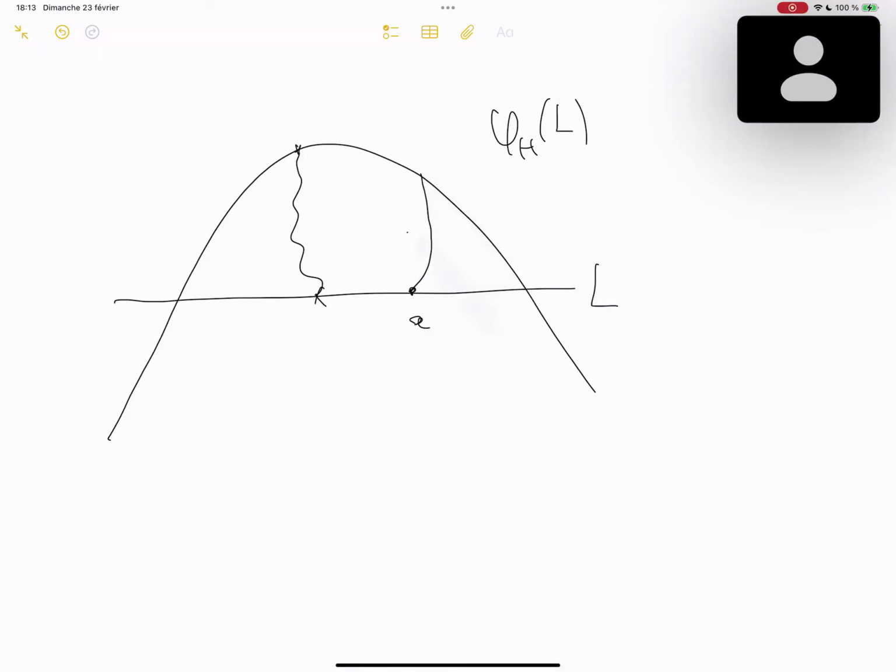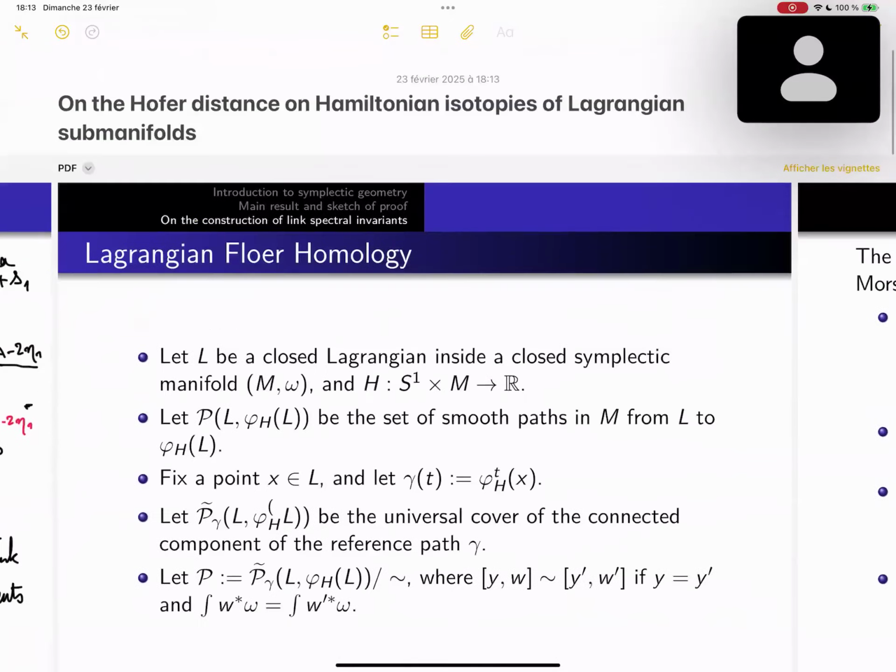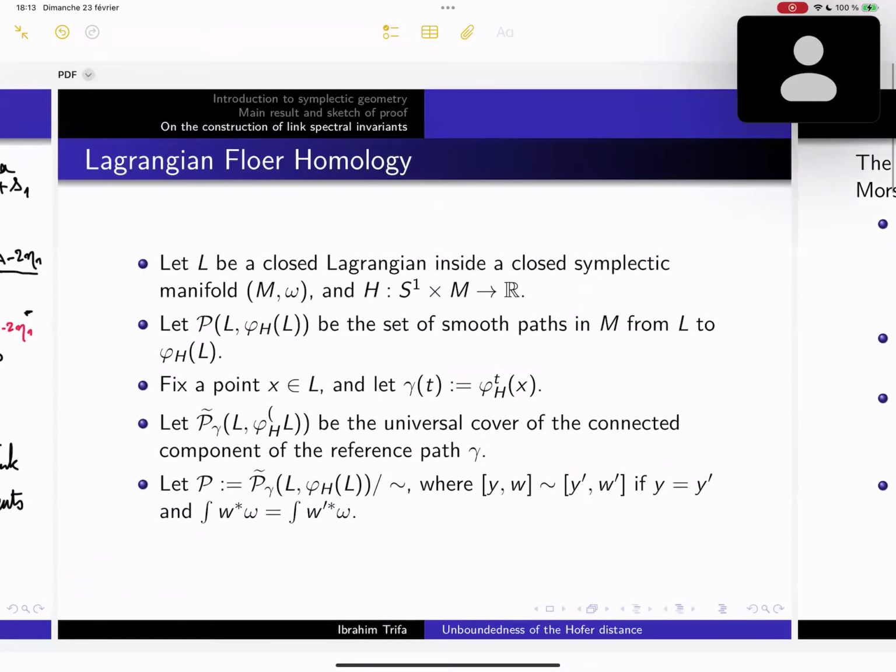And this path, we call it gamma. And we will look at the universal cover of this P(L, phi h L), of the connected component of this reference path inside the set.